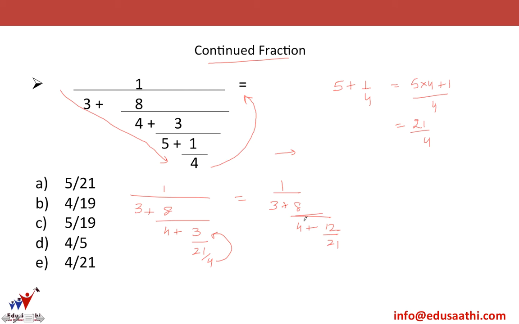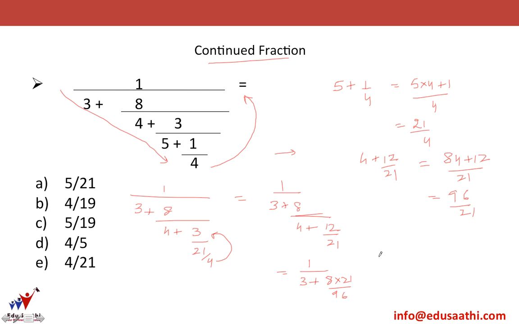Now we'll solve this fraction here, which is 4 plus 12 by 21. So this comes out to be 84 plus 12 divided by 21, which is nothing but 96 divided by 21. Again, if I rewrite this fraction, I'll have 1 divided by 3 plus 8 into 21 divided by 96.